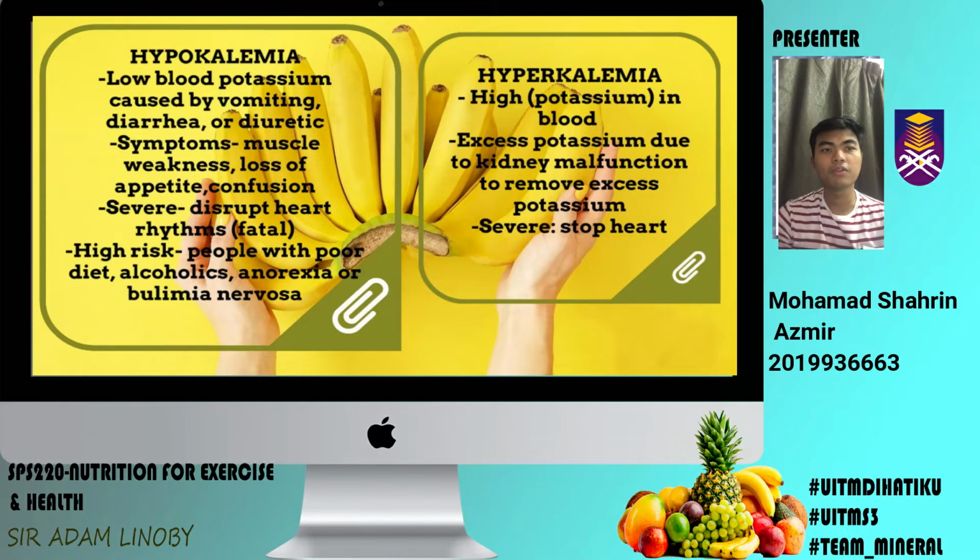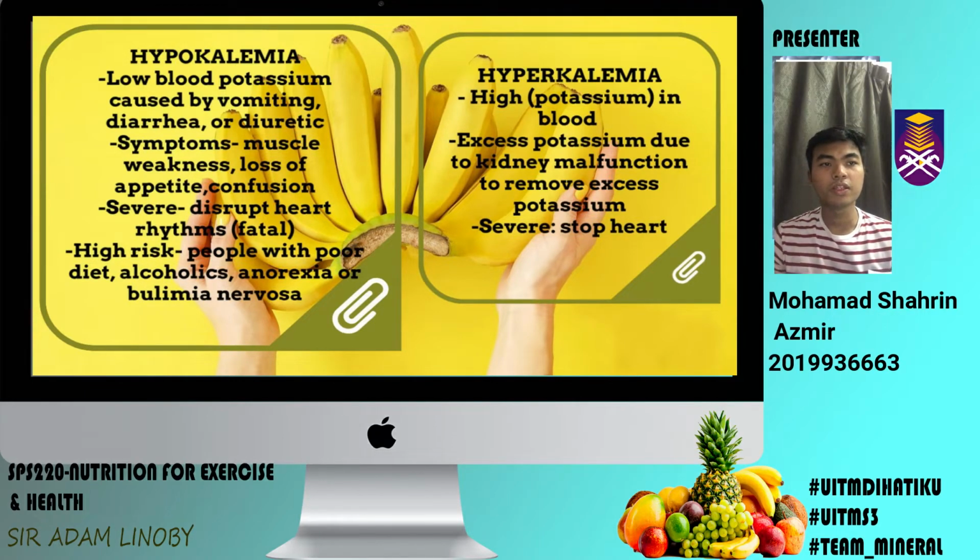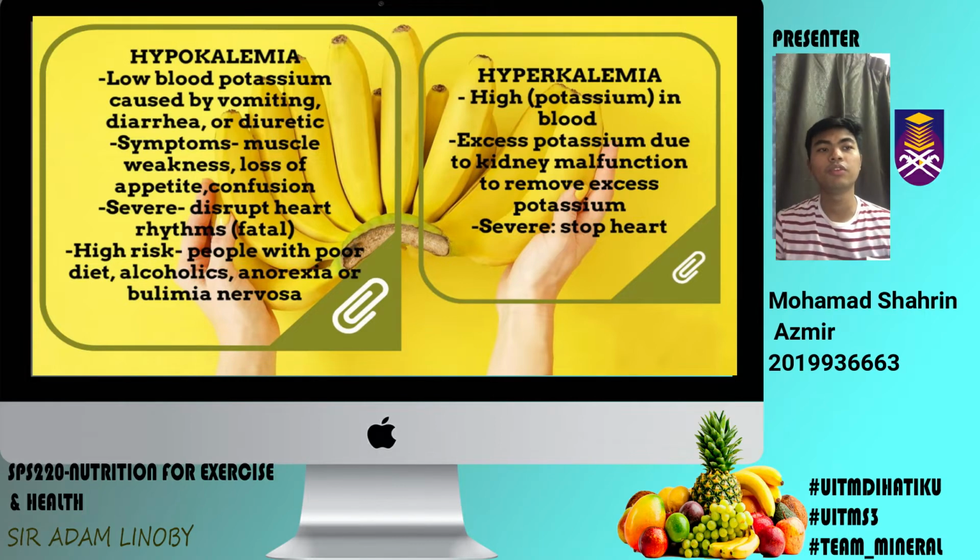It is caused by vomiting, diarrhea, or diuretics. The symptoms can be seen as muscle weakness, loss of appetite, and confusion. High-risk people, such as people with poor diet, alcoholics, and those with anorexia or bulimia nervosa, are more likely to get hypokalemia.